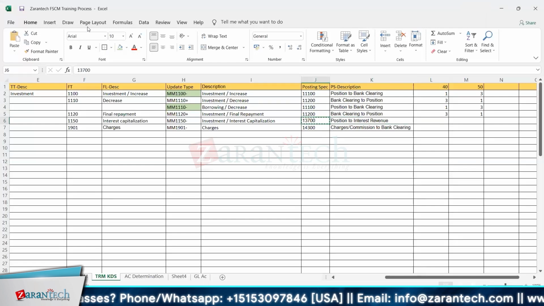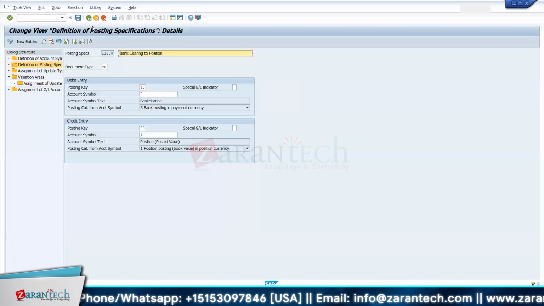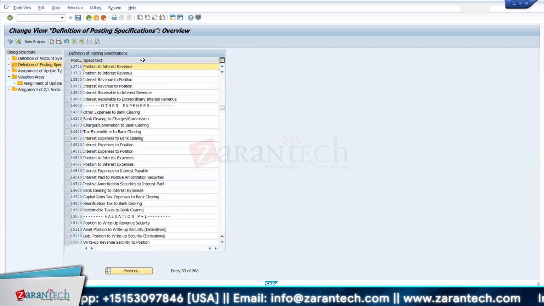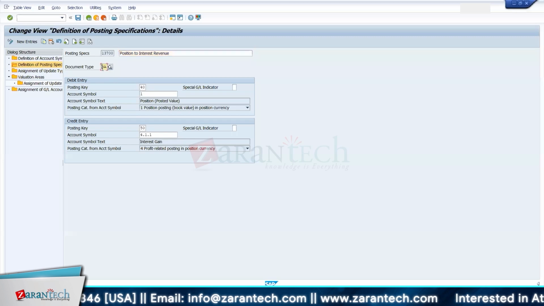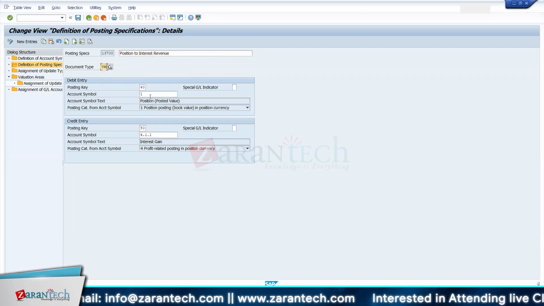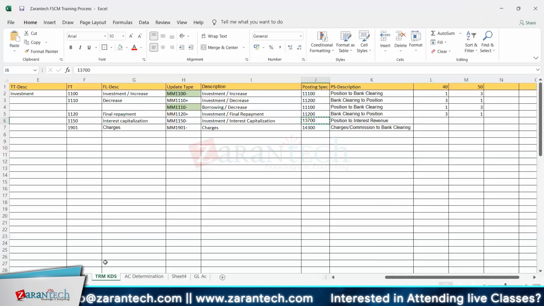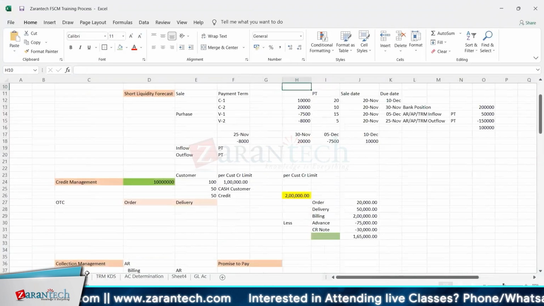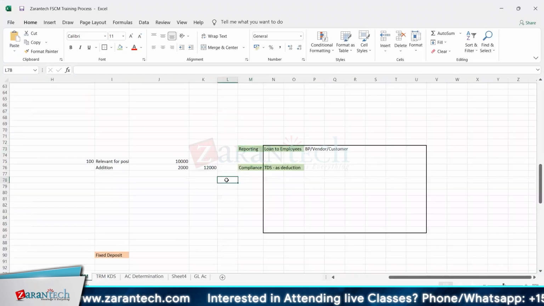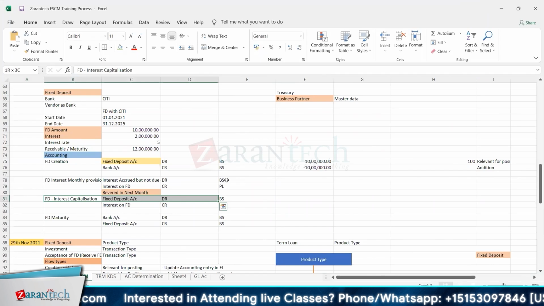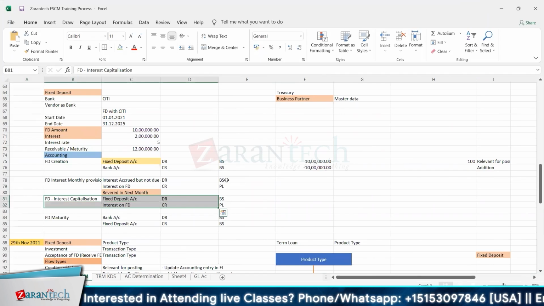Then we have interest capitalization. So the document type I need to change. And position is 1, because if you see the accounting entry of interest, what we have said is fixed deposit debit, which means position 1 will be debit and interest account credit.